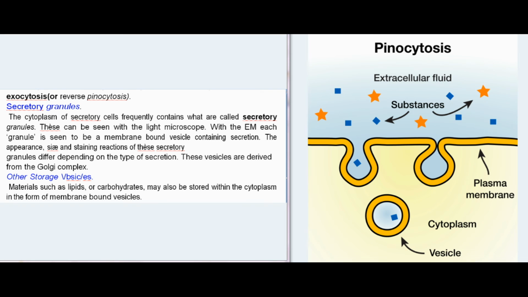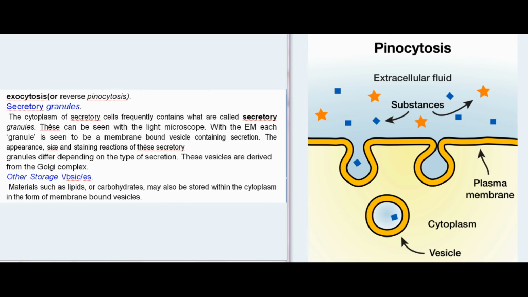Secretory granules. The cytoplasm of secretory cells frequently contains what are called secretory granules. These can be seen with the light microscope. With the EM, each granule is seen to be a membrane-bound vesicle containing secretion. The appearance and staining reactions of these secretory granules differ depending on the type of secretion.